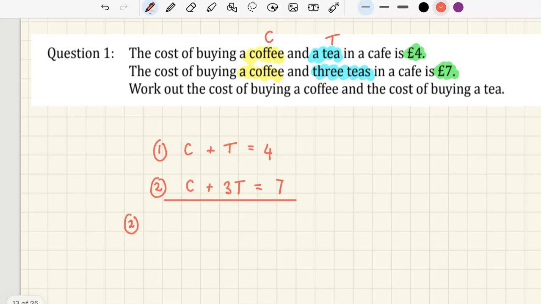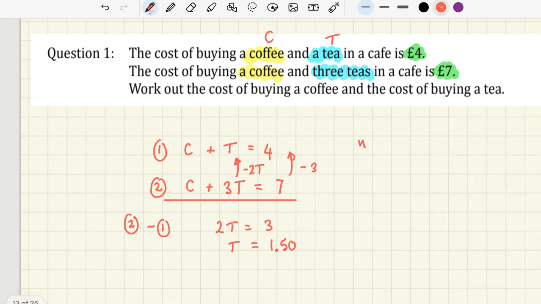Well, we did equation number 2 subtract equation number 1. So we have 2 teas equals £3. Therefore, 1 tea equals £1.50.